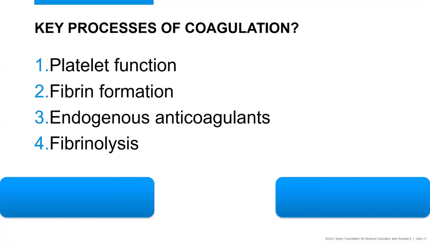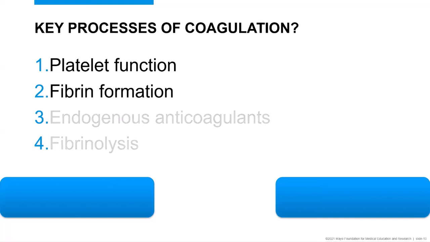Because coagulation is a complex topic, and we're going to build on it through your rotation, during our conversation today we're really going to focus on those first two: primary hemostasis with platelet function, and secondary hemostasis with fibrin formation.